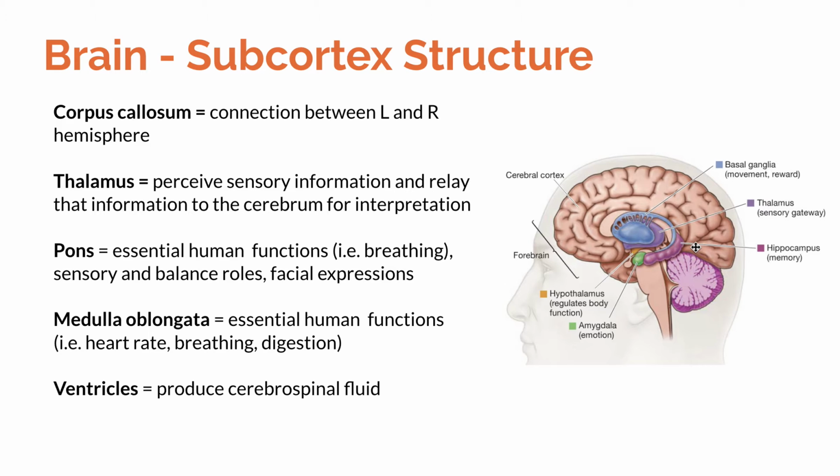We have the pons, which is essentially going to take control of essential human functions. So breathing, plays a role in sensory and balance, as well as facial expressions. Right underneath, we have the medulla oblongata, which, similar to the pons, is important for essential human functions like heart rate, breathing, digestion. And then we have our ventricles, which are going to produce that cerebrospinal fluid.